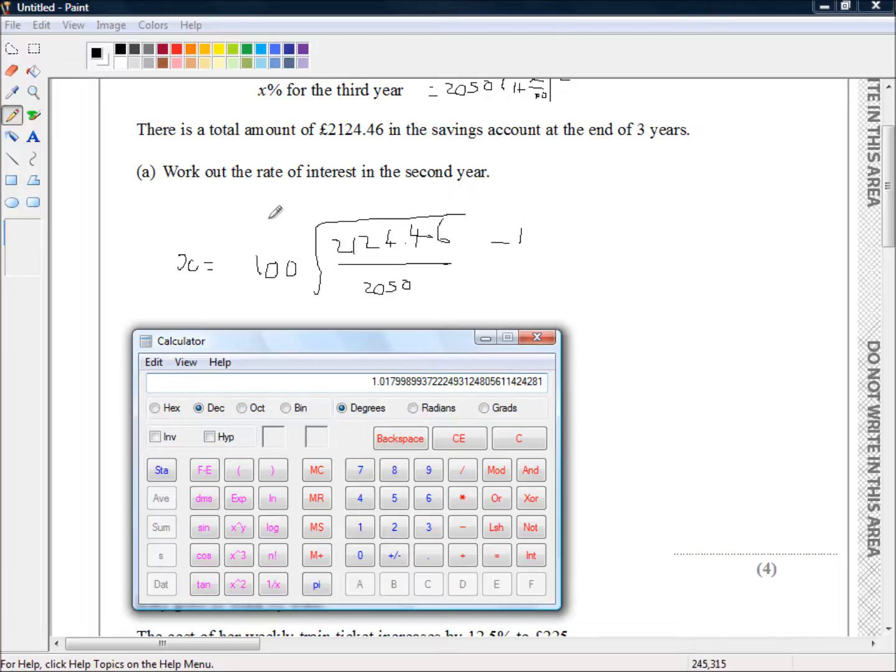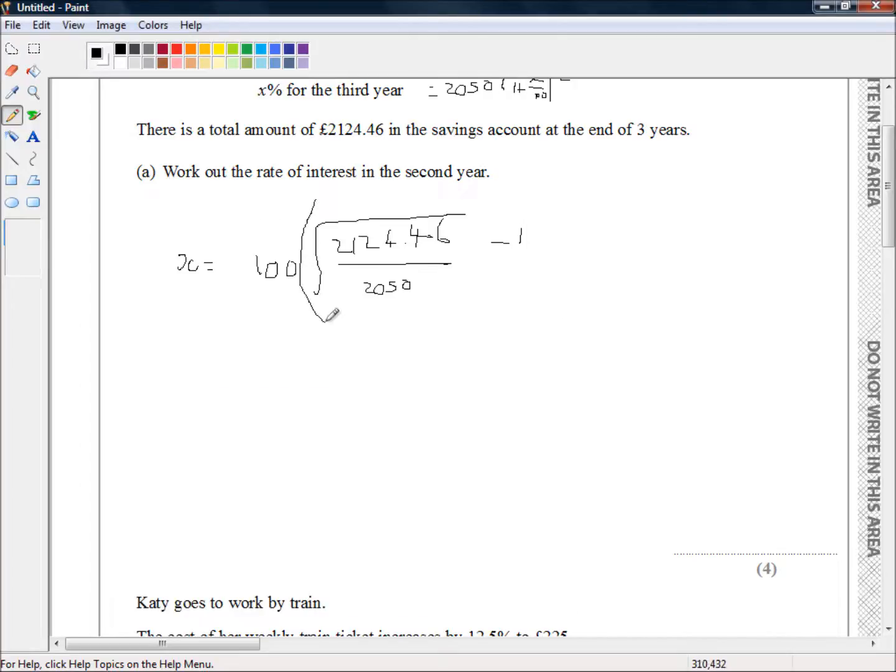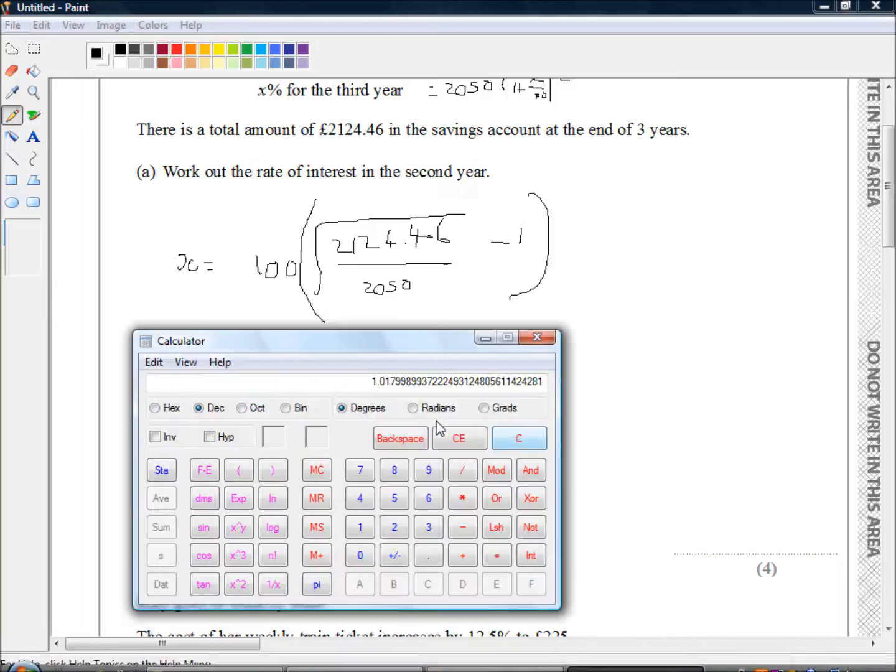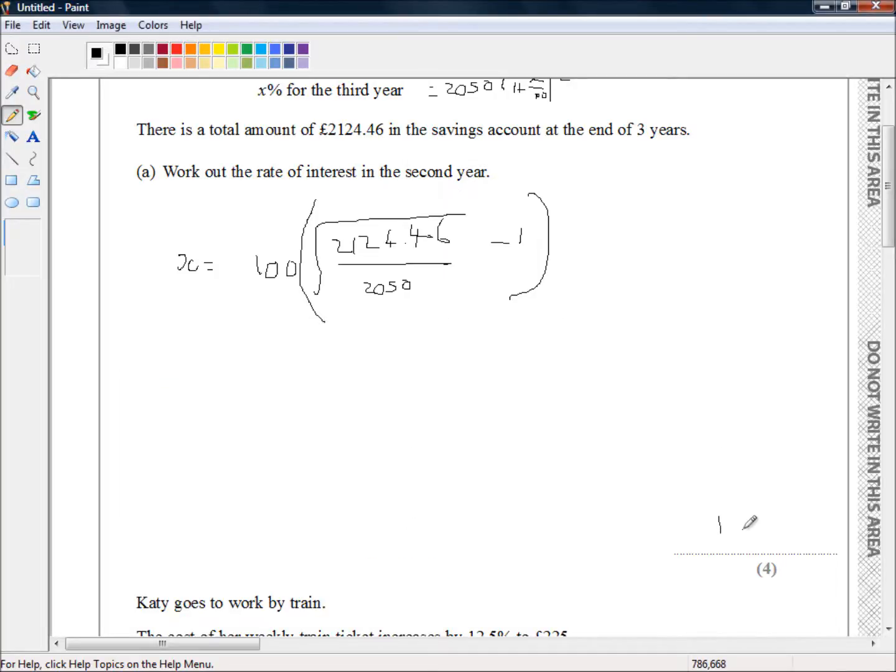I actually did my formula wrong. That 100 is times all of that. So I subtract 1, and then I multiply everything by 100, and that comes to 1.7998. I'm going to round that to 2 significant figures. I'm going to say this is 1.8%.